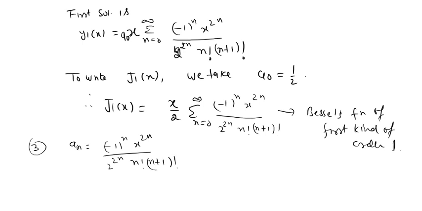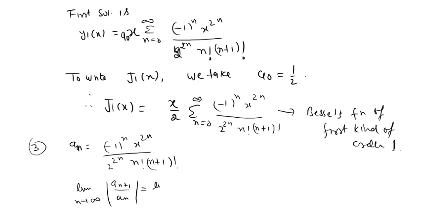So divide two consecutive terms, a_(n plus 1) divided by a_n modulus, and take the limit, applying the ratio test to check convergence.